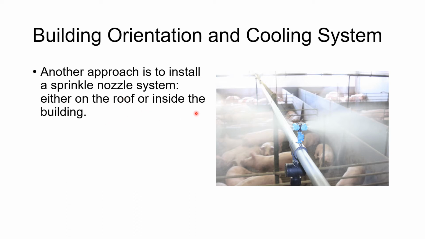So, for big farms, they could afford to install itong sprinkle nozzle system na tinatawag, which decreases the temperature inside the building since cooling system na to parang dinidecrease niya yung air temperature since naglalabas ka ngayon ng parang mist, parang water vapor inside the building which decreases the air temperature.